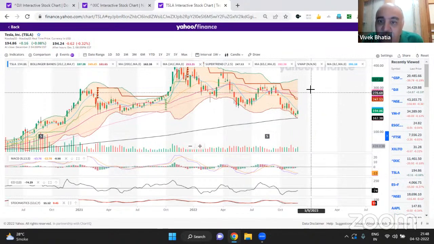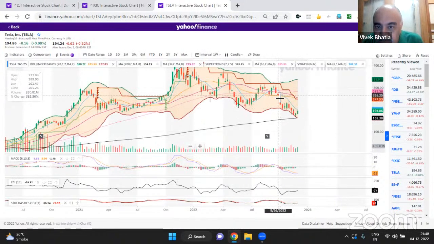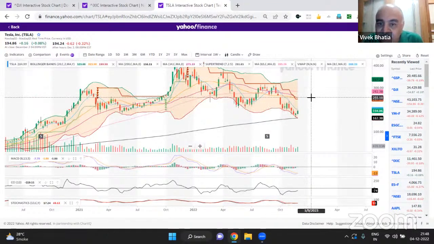After that, the momentum will start. Otherwise, the first resistance here is at 227. And then you will go for this weekly gap to get filled in. 265 and 255. Yeah, $10 gap.